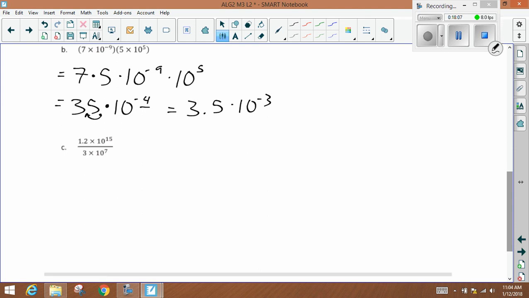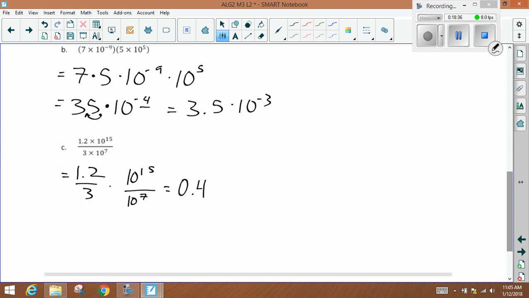So with this one, I can separate it as 1.2 over 3 times 10 to the 15th over 10 to the 7th, right? Put 1.2 divided by 3 in my calculator. 1.2 divided by 3 is 0.4.